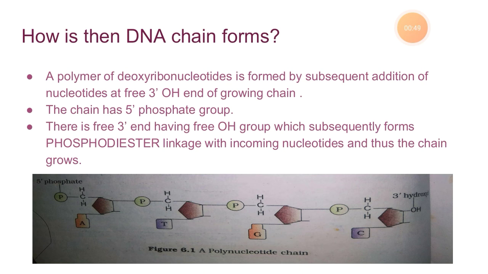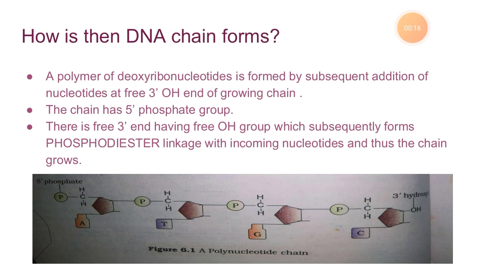So this is the very basic of how the DNA chain is growing, how nucleotides are being added to the chain. In this way the DNA chain is growing, new members are being added, and the polynucleotide chain keeps growing. Now you understand that the direction of growth of the DNA chain is 5' to 3'.